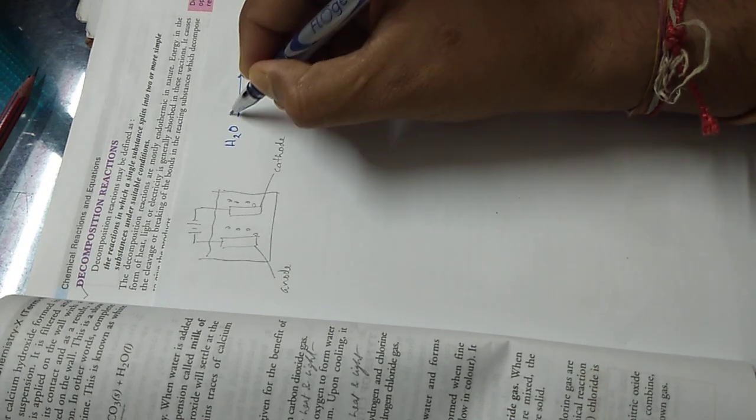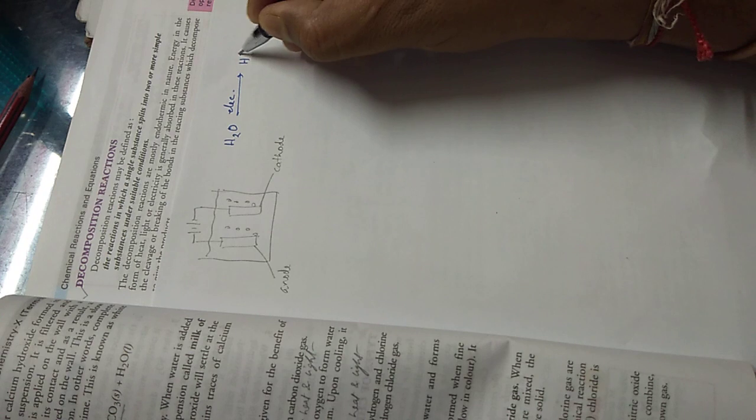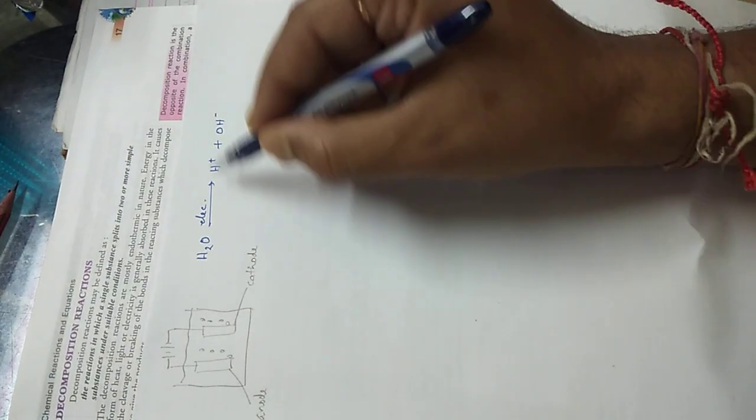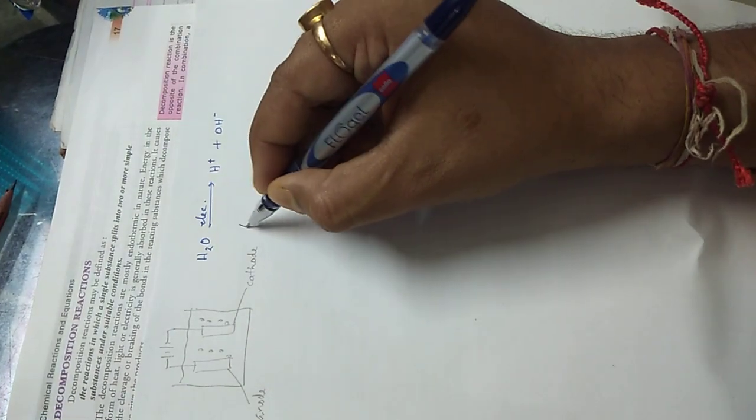Suppose we take water and we pass electricity through it. Initially it will break into hydrogen ion and hydroxyl ion, not into hydrogen and oxygen. The hydrogen ion is a positive ion, so it will go towards the negative electrode.